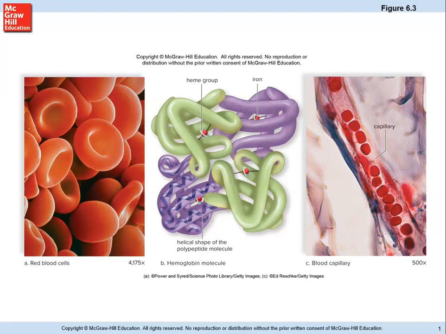So if there are a billion molecules of oxygen per red blood cell, how many red blood cells are there in circulation? The answer to that is very difficult to calculate because it can vary so much from one person to the next. But a low-end estimate would be 4 million red blood cells per microliter of blood.